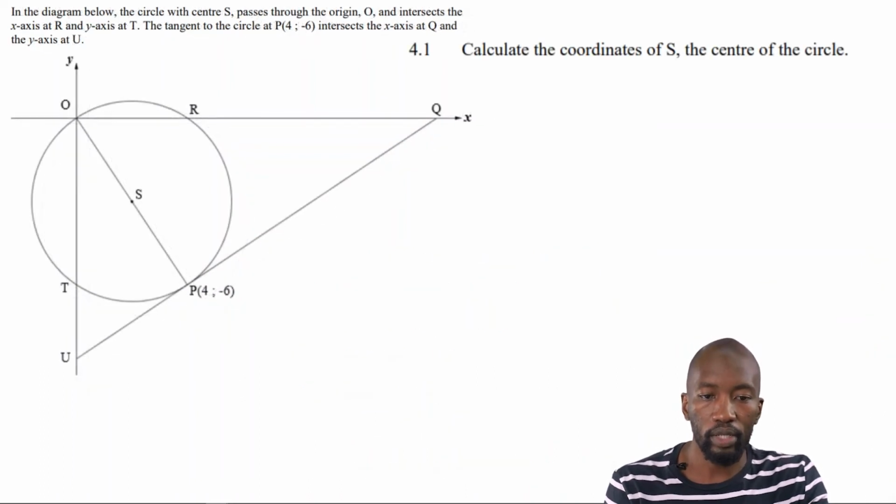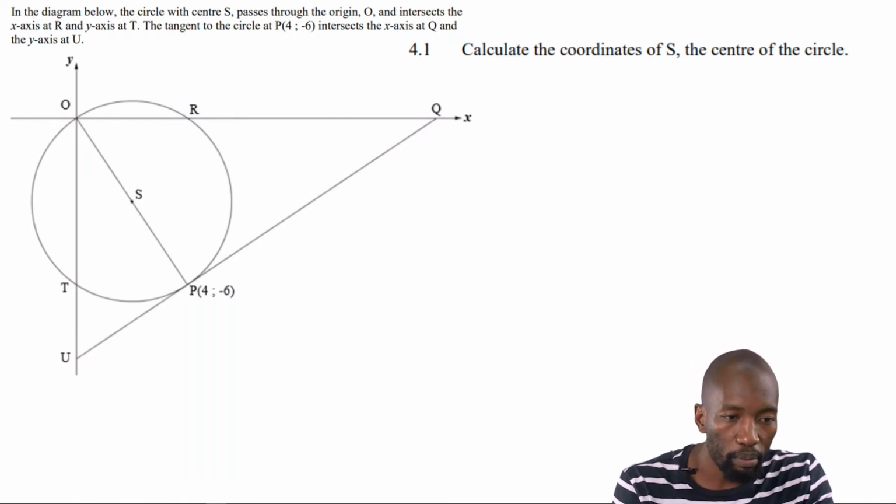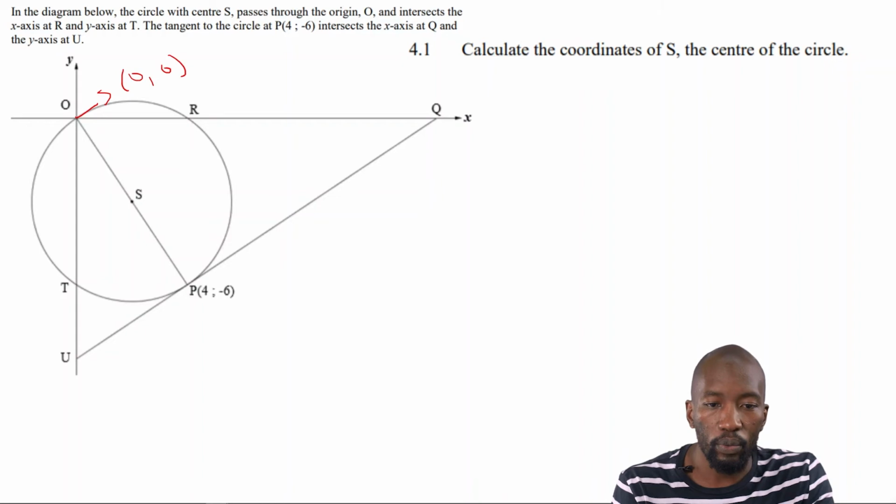So they're saying calculate the coordinates of S, which is the center of the circle, right? Now remember, this point has coordinates (0, 0). We can find S very easily because we know that this guy is equal to that guy. So S is in the middle, so we can use the midpoint formula.